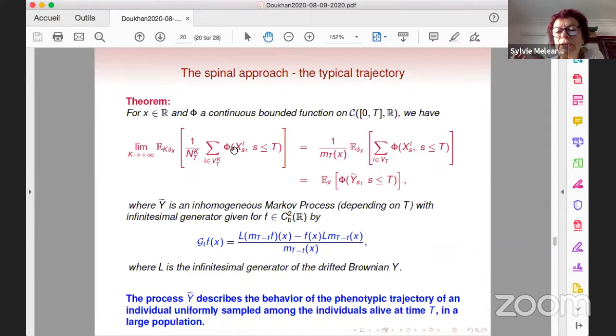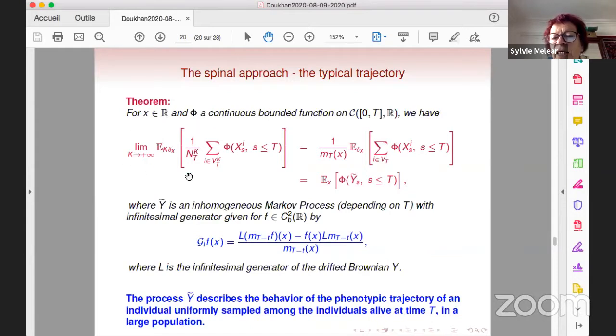I consider its historical past, so I consider all the values of the trait for s less than T, the trait of the successive ancestors of the individual I. And I can prove that this quantity is equal to the expectation of a new process which is constructed. It's an inhomogeneous Markov process, whose generator can be obtained from the generator of the drifted Brownian motion.